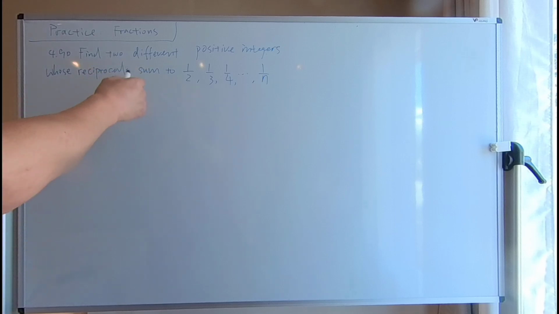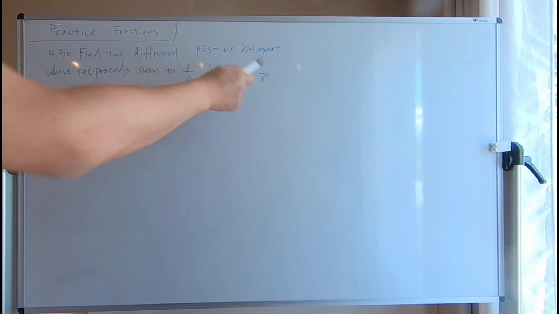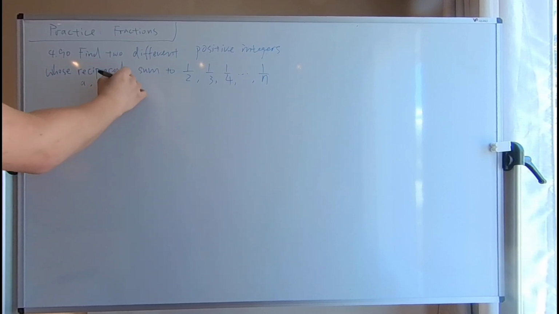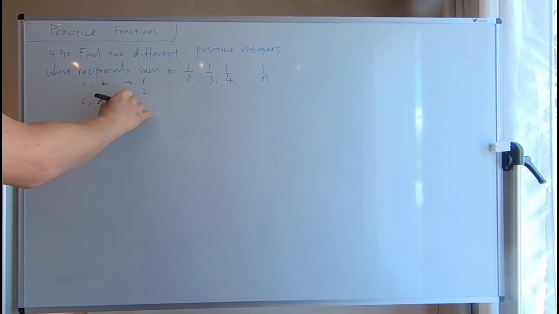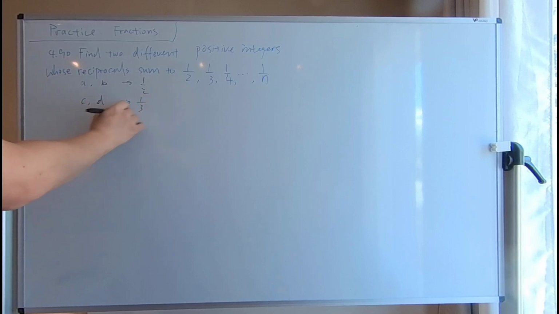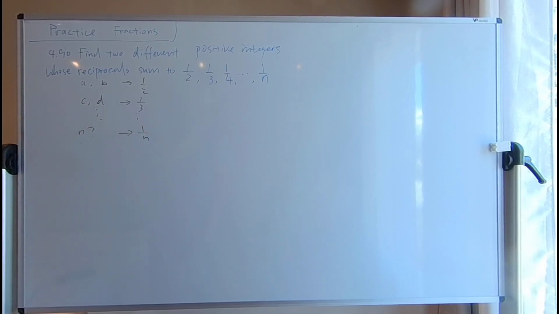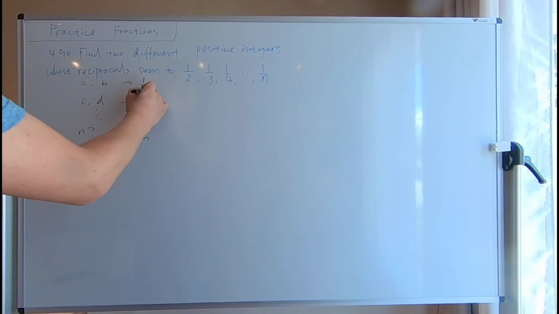I'm not saying that the same integers will sum to all of them, but if there exist two positive integers that can sum to 1 over 2, and then two further different integers that can sum to 1 over 3, and so on, can I find a pattern to look for a generalized case where the reciprocals of two integers sum to 1 over n? Or maybe let's start from the first number, 1 over 2.